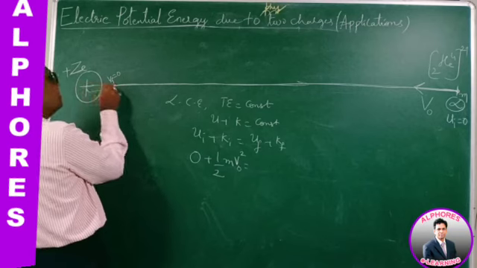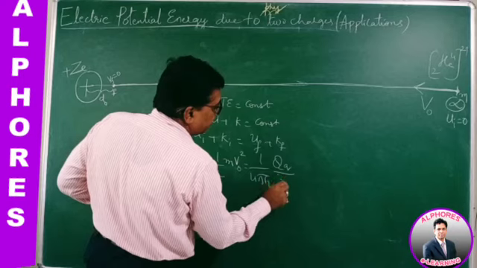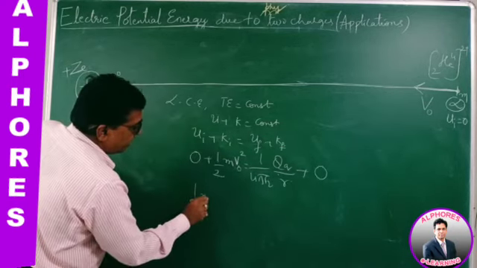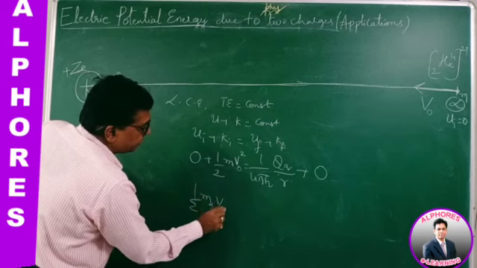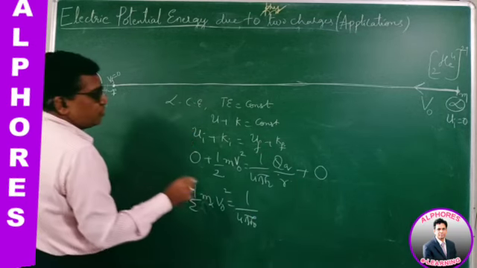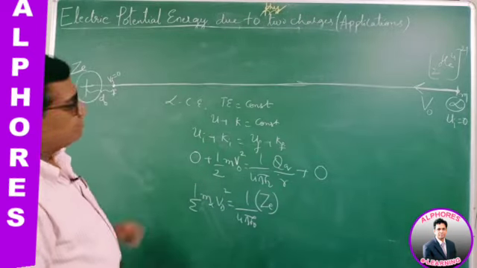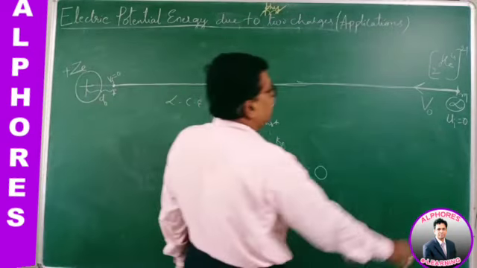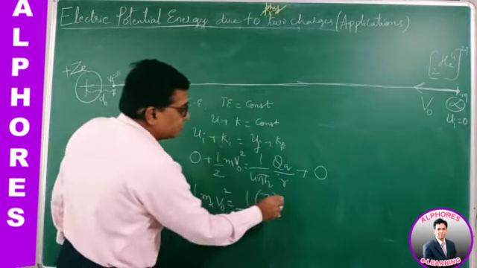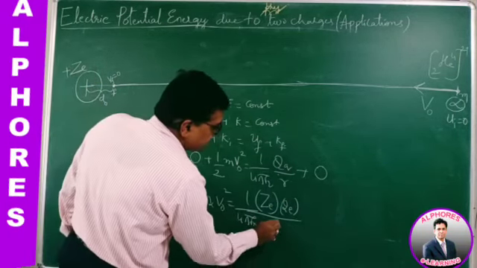Now here the potential energy of the system is 1 by 4 pi epsilon naught Q q by R, plus the final kinetic energy is 0. So substituting, half mass of alpha particle V0 square is 1 by 4 pi epsilon naught, charge of the nucleus Ze, since the atomic number of the nucleus is Z. You know the alpha particle is a helium nucleus, 2 units of positive charge, so into 2e, by the closest distance D0.